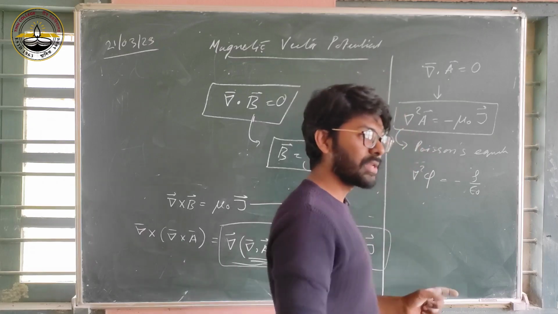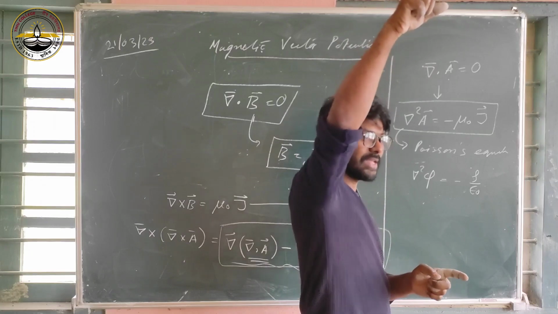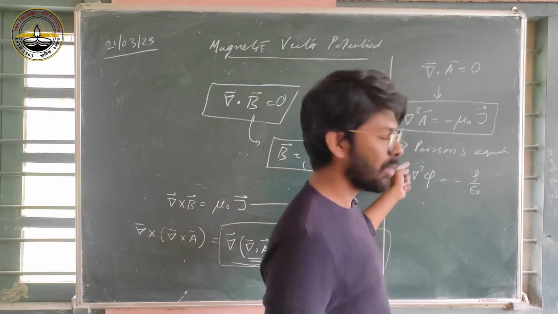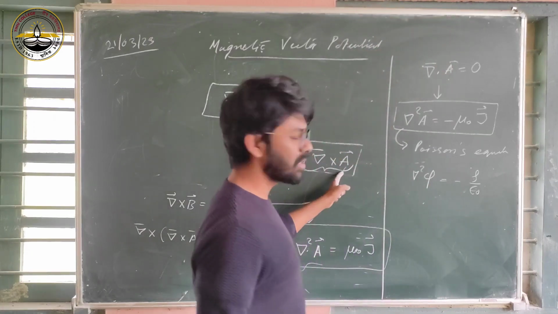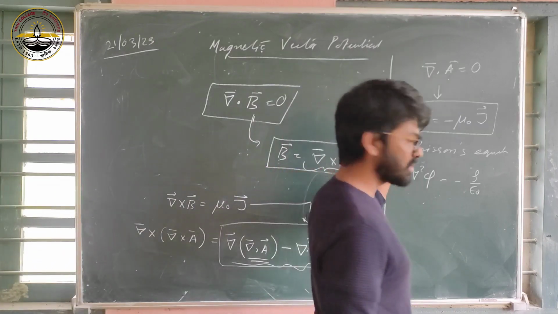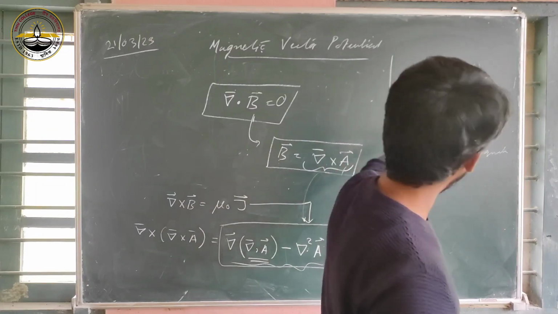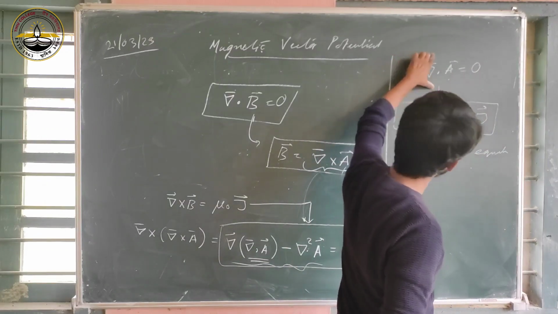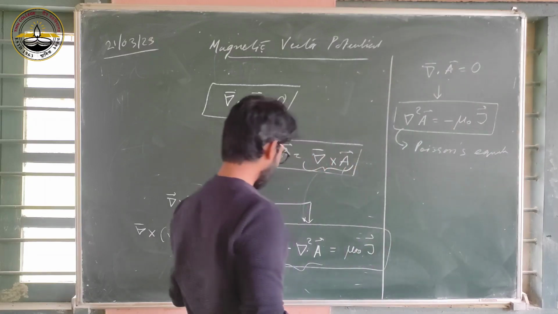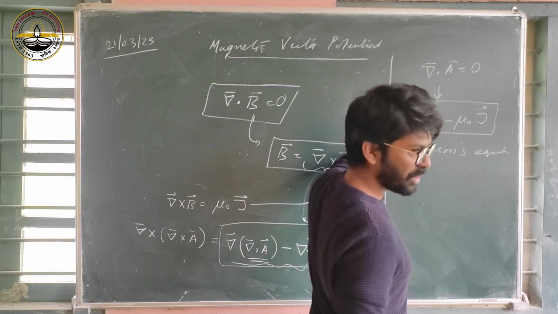There you put E equal to minus del phi in your Gauss law and you get this. Here we put B equal to del cross A in our Ampere's law and we get a similar Poisson's equation. For now, just assume that yes, we can put del dot A equal to 0. I'll come to why. But if we did that, this will be the equation.